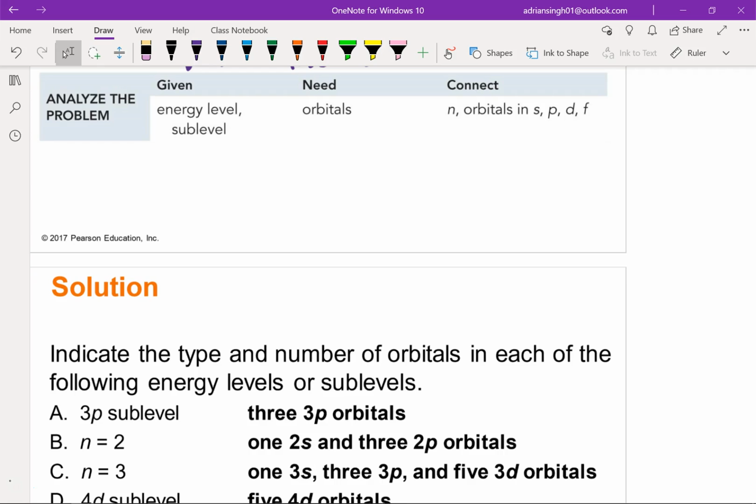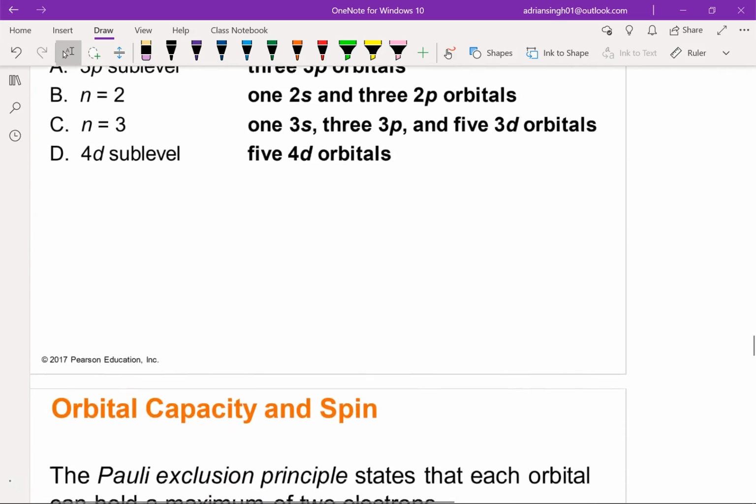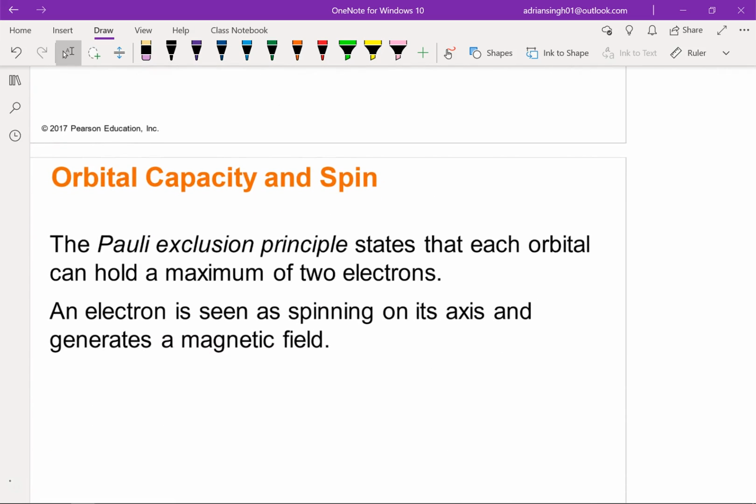All right, so we've been using these terminologies and ideas to eventually get deeper and deeper into the energy levels, then the sublevels, and then eventually the orbitals. So how are the electrons going to fit into these orbitals? Well, we first of all have to know how many electrons can fit into an orbital in the first place.